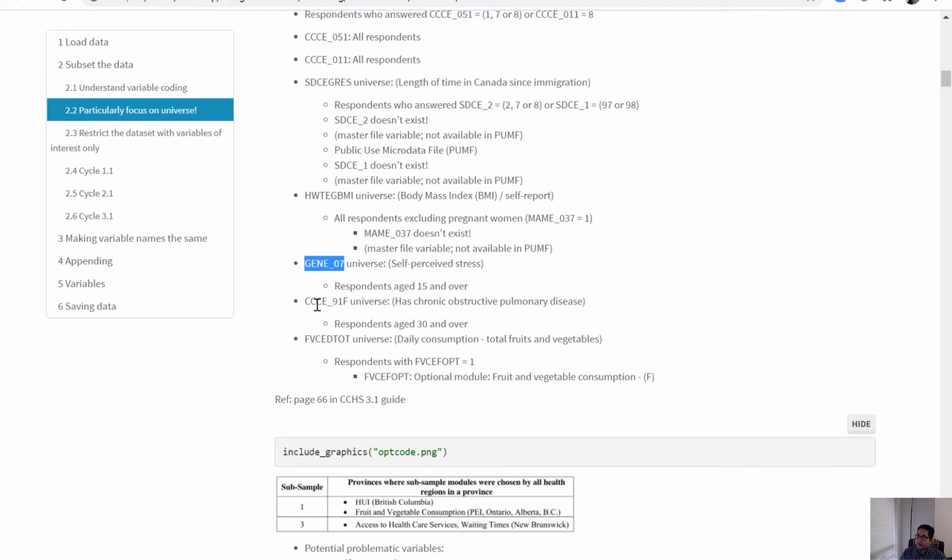Again, when you are looking at the COPD variable, you see the respondent age 30 or over. So nobody below 30 were asked this question. So again, if you include this variable, you probably need to think about whether you want to restrict your age group from 30 plus to make sure that this variable is similar to the other variables' universe, or you can think about imputation.